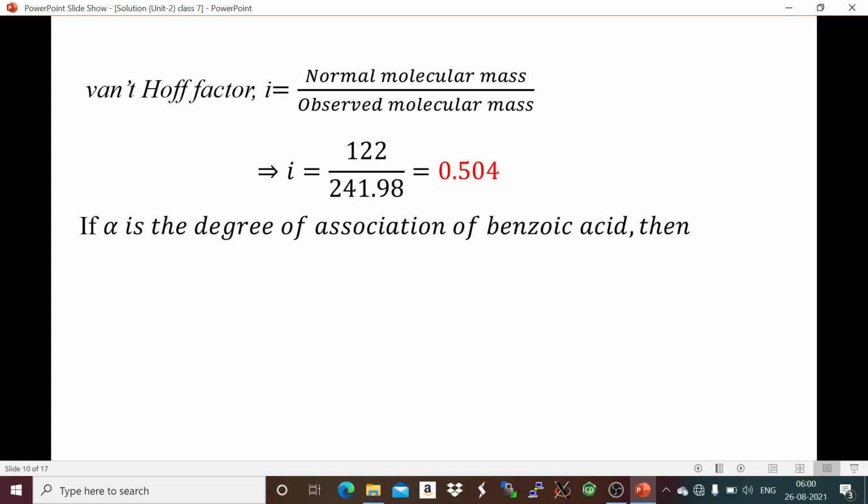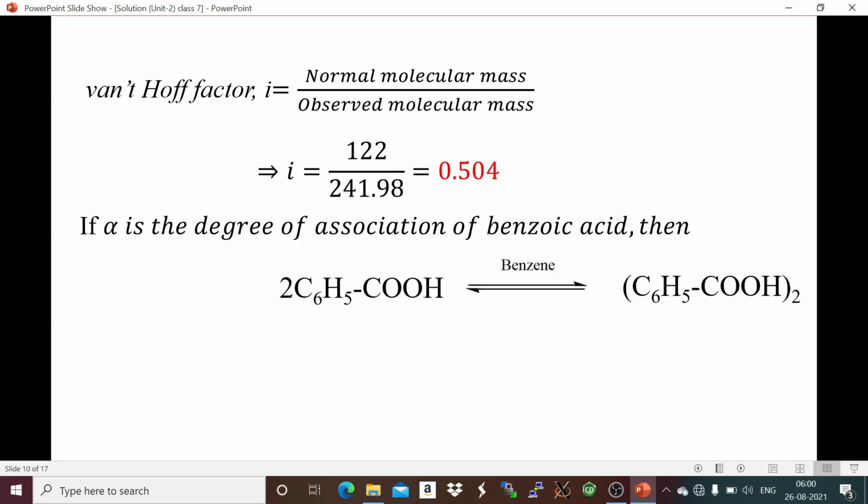So if we consider alpha is the degree of association of benzoic acid, or you can consider x, then benzoic acid, 2 molecules in benzene, dimerization takes place. 2 molecules, we are not showing hydrogen bond, just dimer. 2 molecules combine to give 1 molecule.